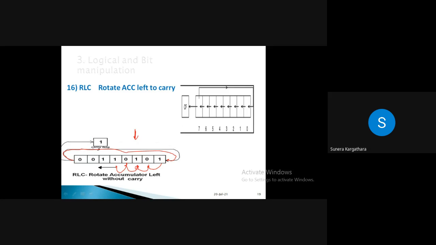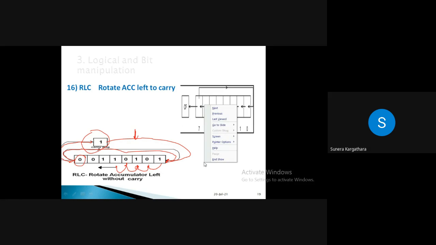You are rotating the content of the accumulator towards left, without carry. So your D7 bit will move to D0 bit. Same way, your D0 will transfer to D1, D2, D3 and so on. But without carry, that means the carry bit only considers this D7 bit, but the carry bit will not rotate.